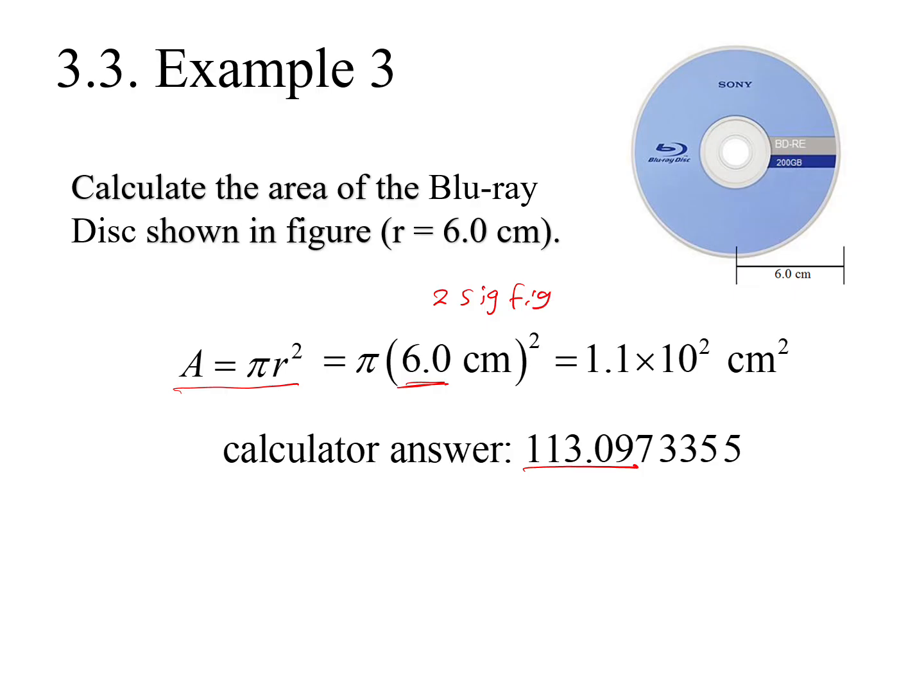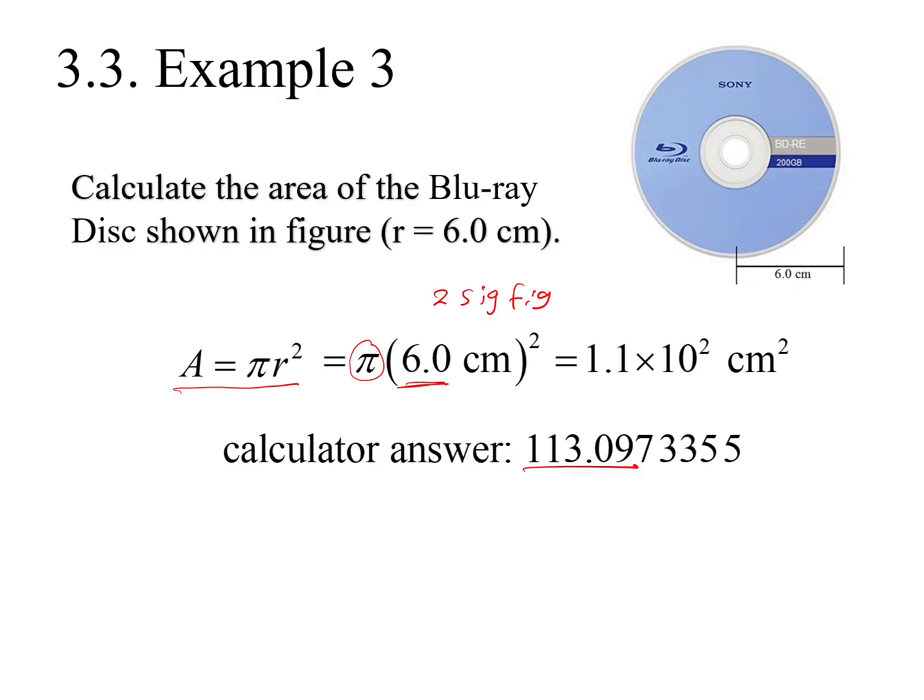And we also have pi. So in this case, pi can be considered as an exact number because an exact number has an infinite number of significant figures. So it is not going to be the limiting factor in a calculation.